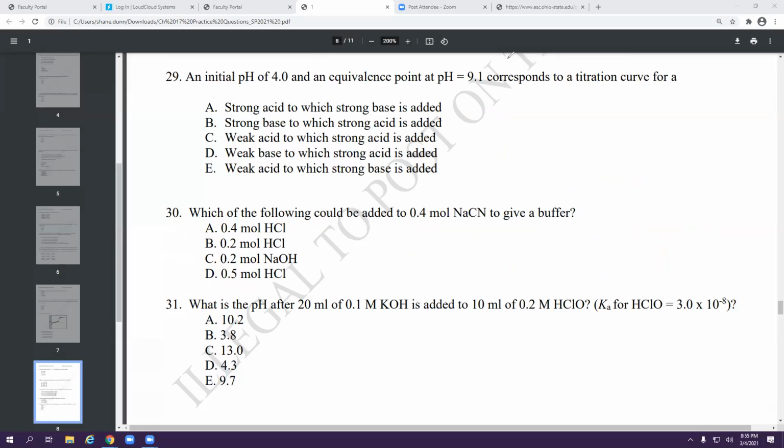What is the pH after KOH is added to HClO? Okay. So I'm adding a base to an acid, right? KOH plus HClO.